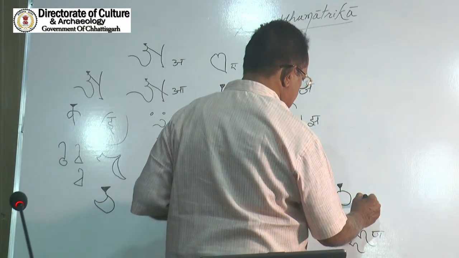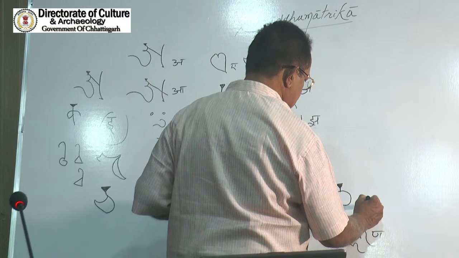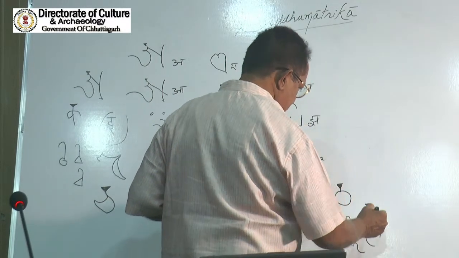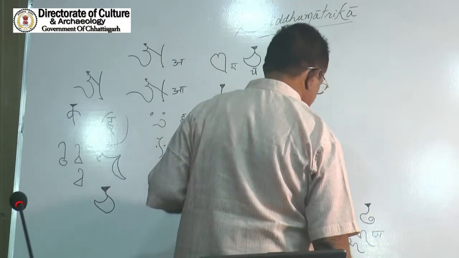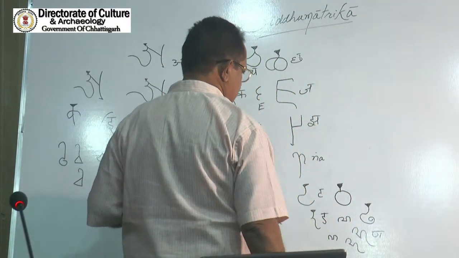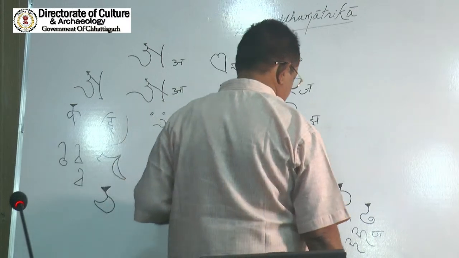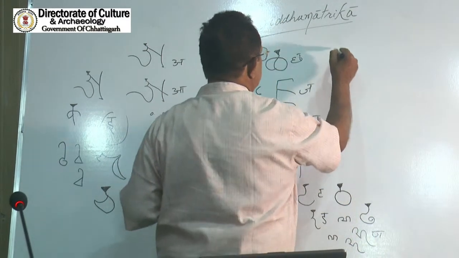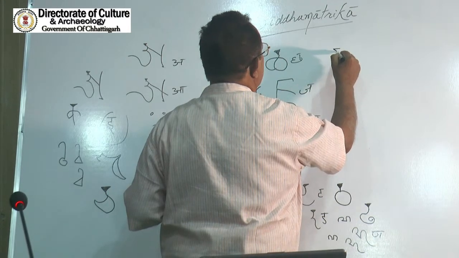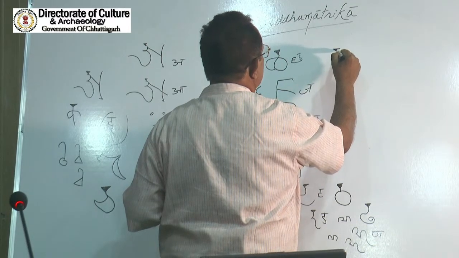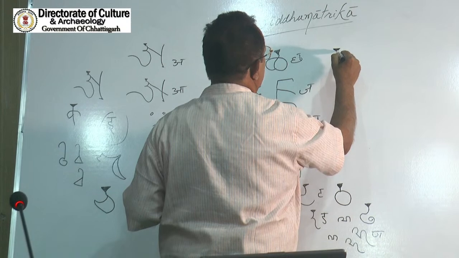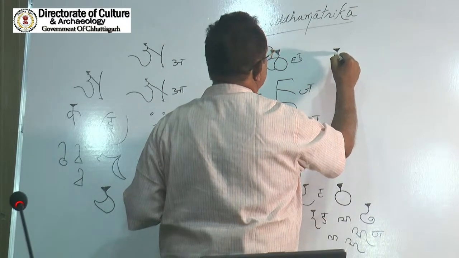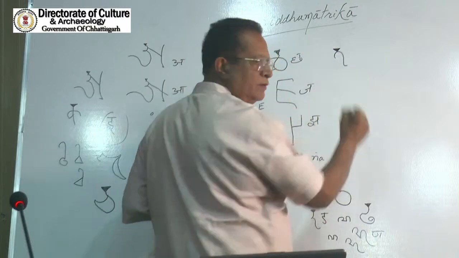So add this above with a thick head mark, and this will be a little deeper, it takes a deeper turn inside. And ta is written again, every time you begin with a small head mark prominently. You can fill in the space. This will be too short, like this.